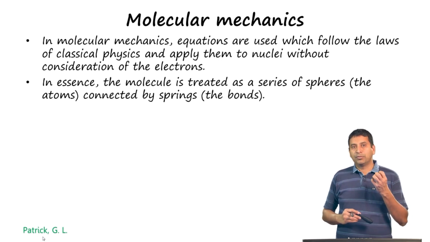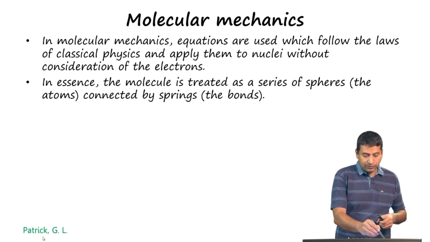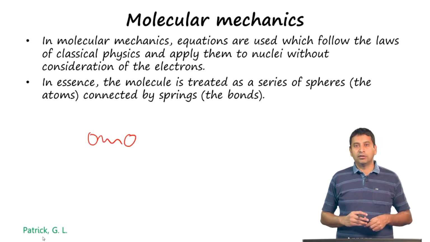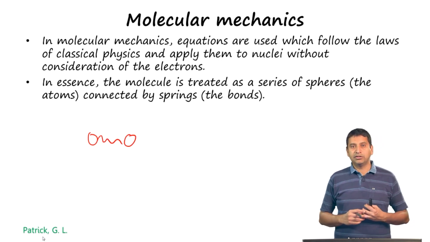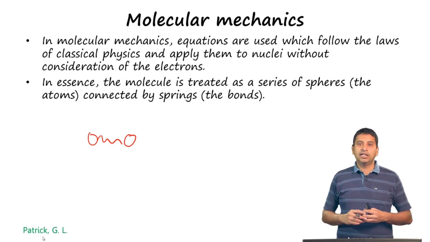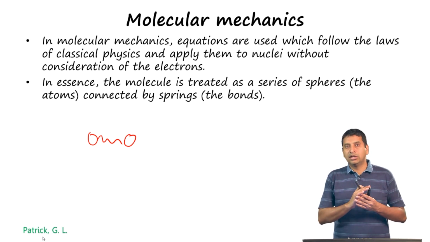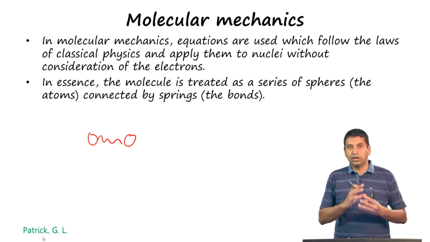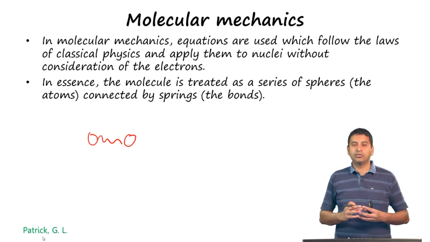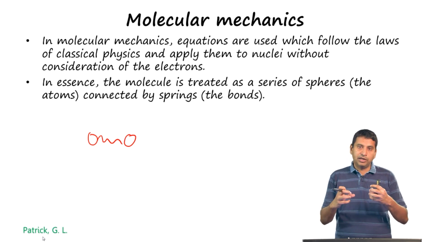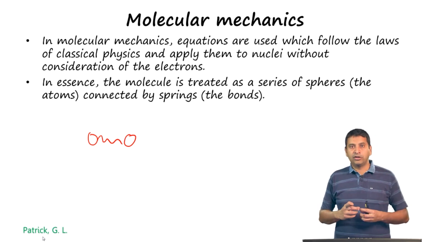Here what we would assume is that there are two different nuclei which are connected by springs, for example, which are bonds, and these spheres are going to be the basis for your calculation. So, we assume that these are nuclei and they are connected by bonds which are springs, and they can vibrate and bend and so on.